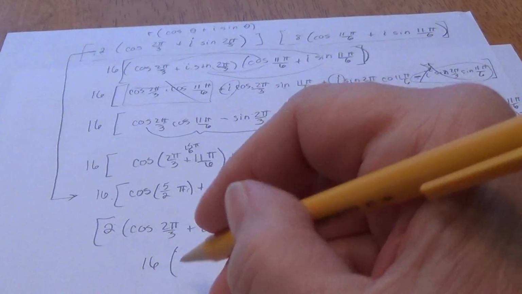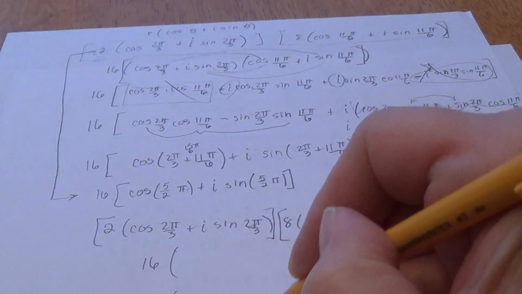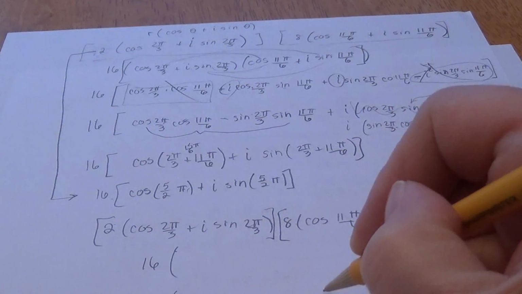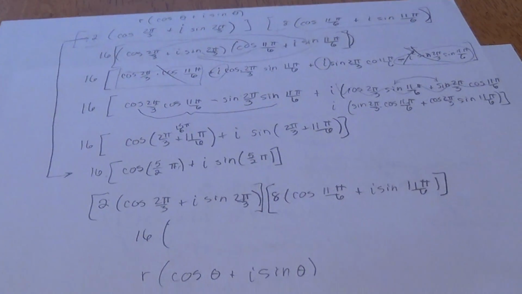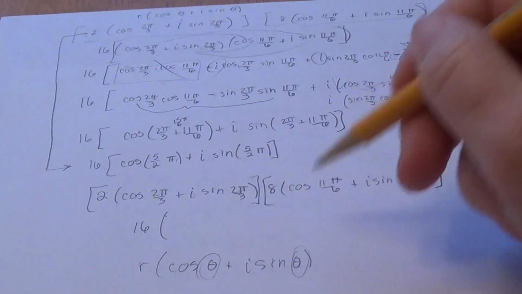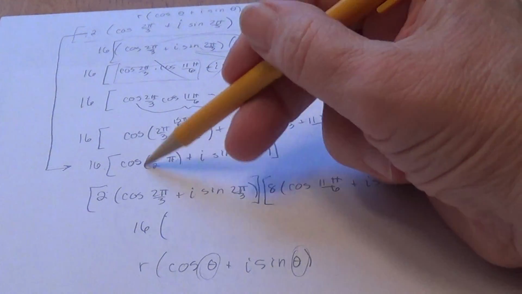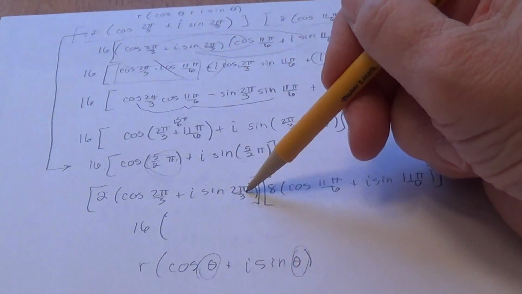Well, I know trig form is going to be r cosine theta plus i sine theta, because we were repeating that to ourselves a lot. So I've got the r part, but how do I get the theta part very quickly from the original problem? Notice this answer is this plus this.